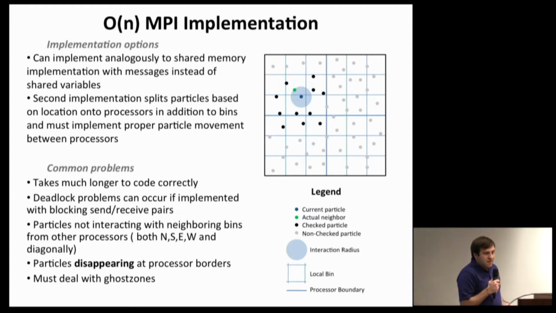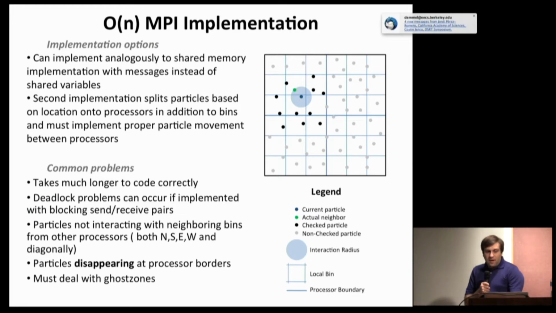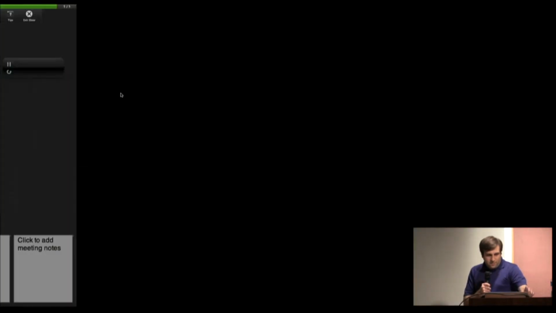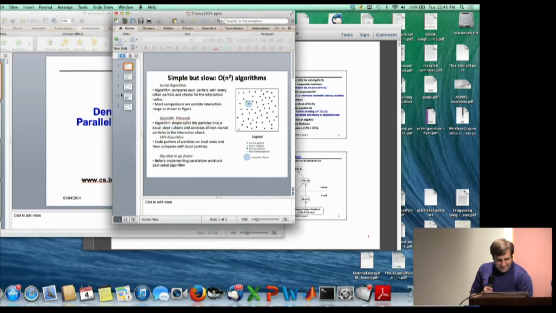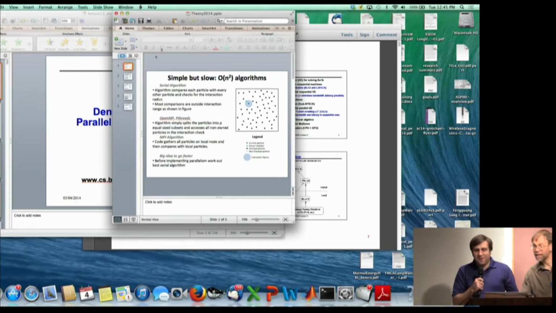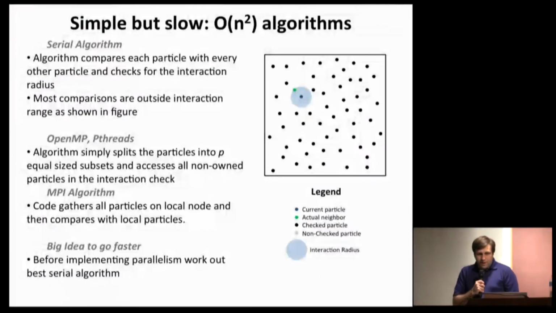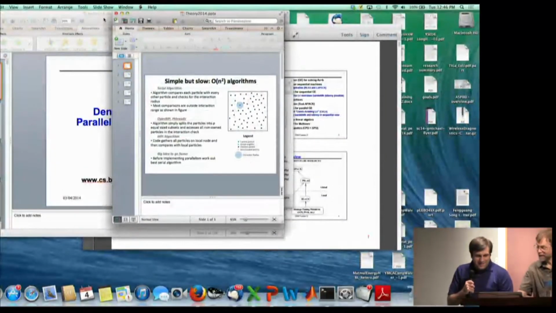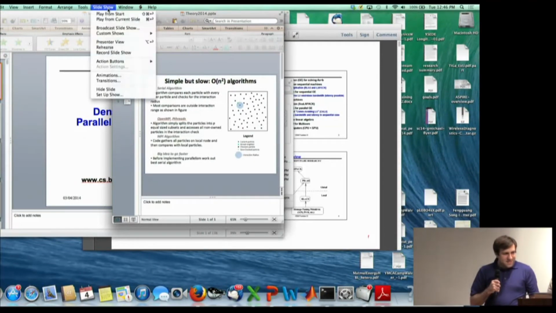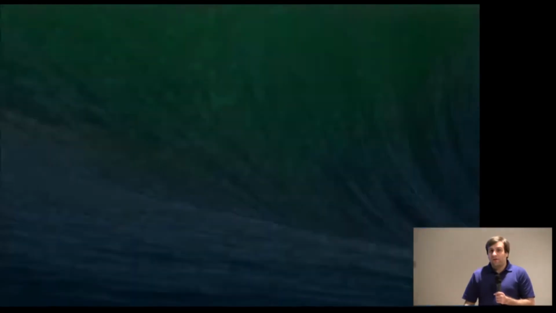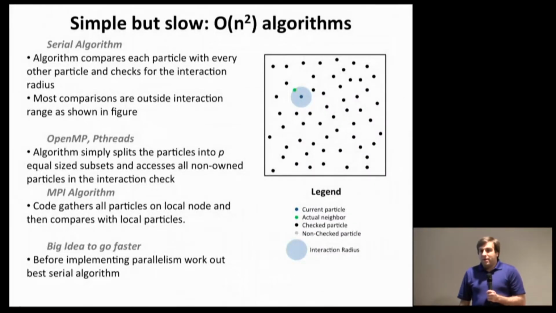And the idea here is that I have to be careful, and at each step of the MPI algorithm, I have to communicate with the particles that live on my neighboring processor.